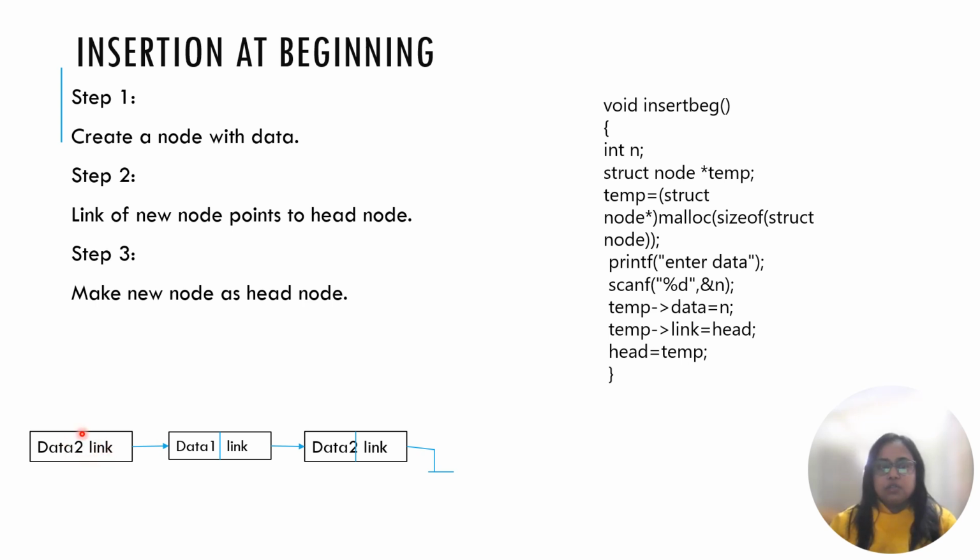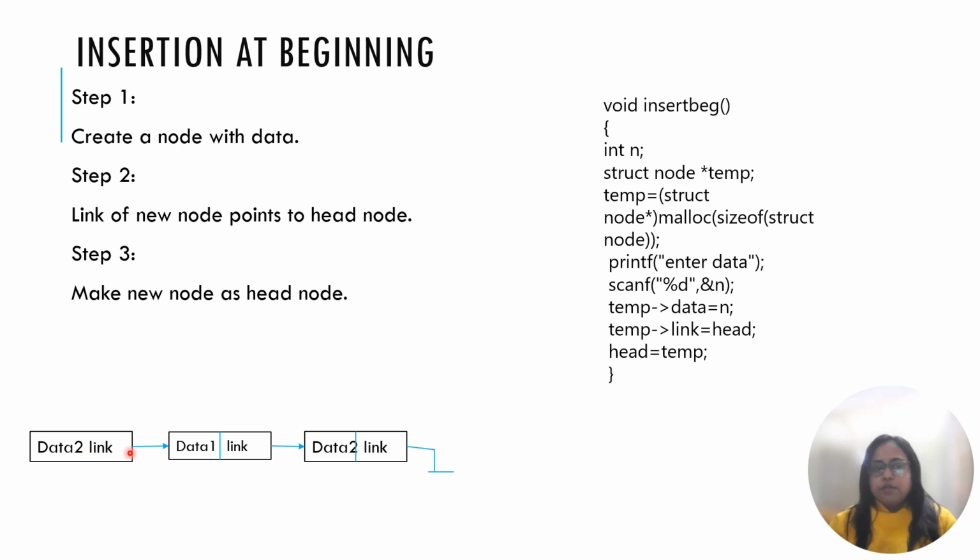When temp link equals head, it means previously head was here, and temp is our new node, containing suppose data 2, and temp link will point to that head. Head is my current beginning node.